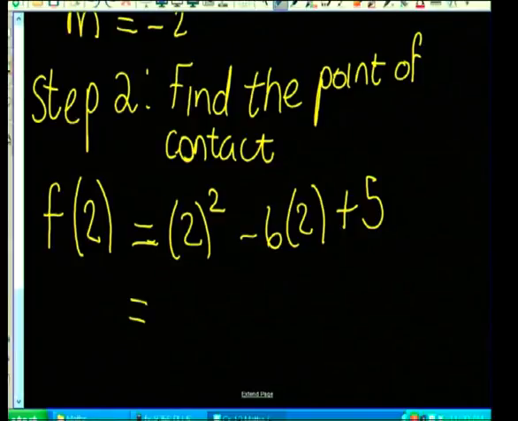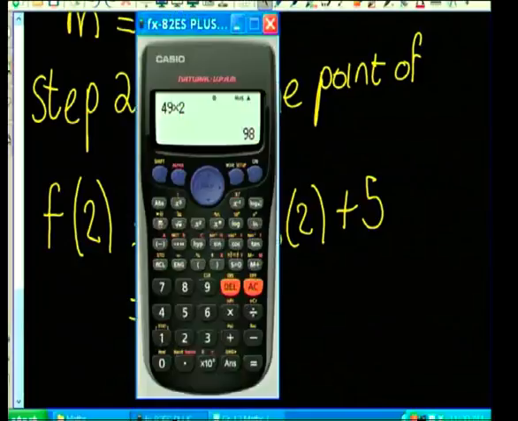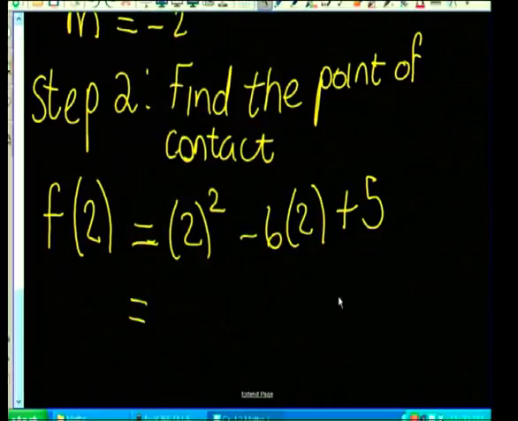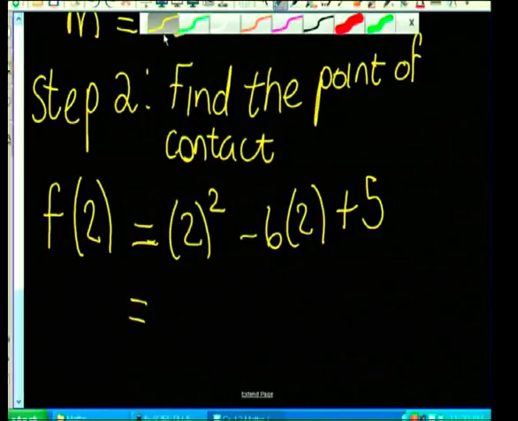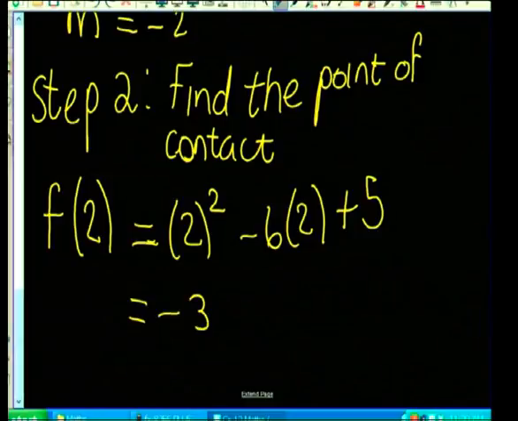We can use our calculator for that, putting it all in at once: open bracket 2 squared minus 6 times 2 plus 5 minus 3. So there we go, it's minus 3. So that means our point of contact is (2, minus 3).